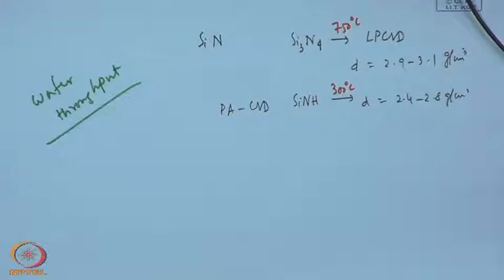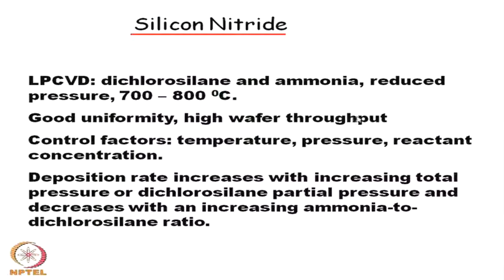Suppose we want some processing, say oxidation: how many wafers can be oxidized, how many wafers can be used at one go in one particular batch? That is the wafer throughput for any particular process. So, in this case it is high wafer throughput, that means many wafers can be used at a time, and the number of wafers at the process end will be very high.